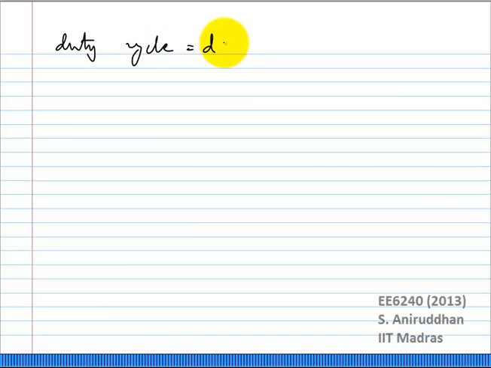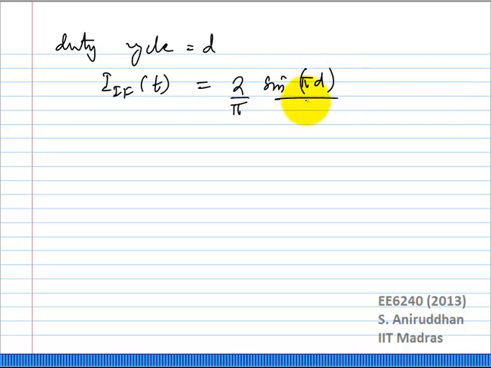Let us say the duty cycle of the square waveform was D. If you actually calculate the fundamental of the IF current in either case, this happens to be 2 by pi sin pi D by 2D.